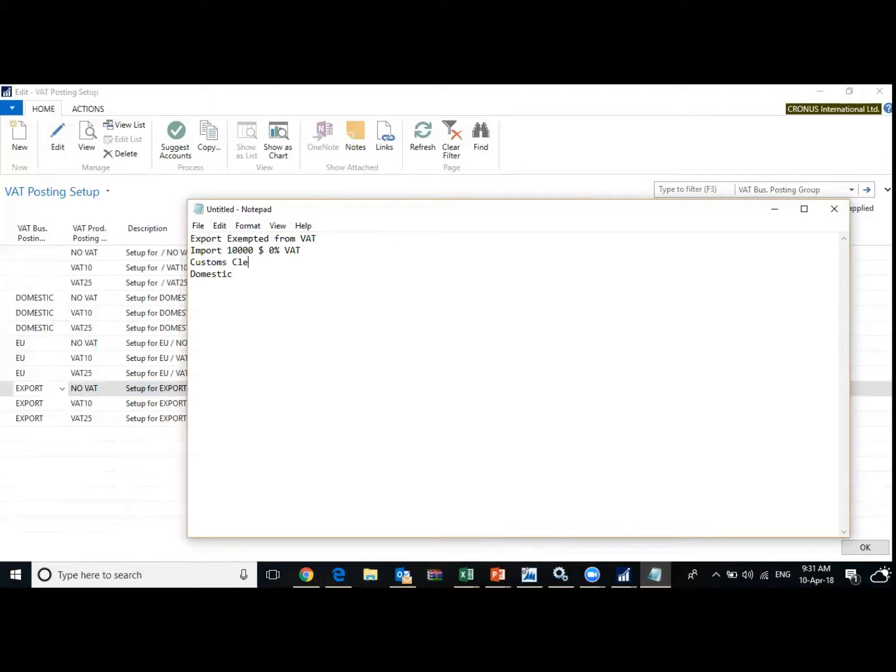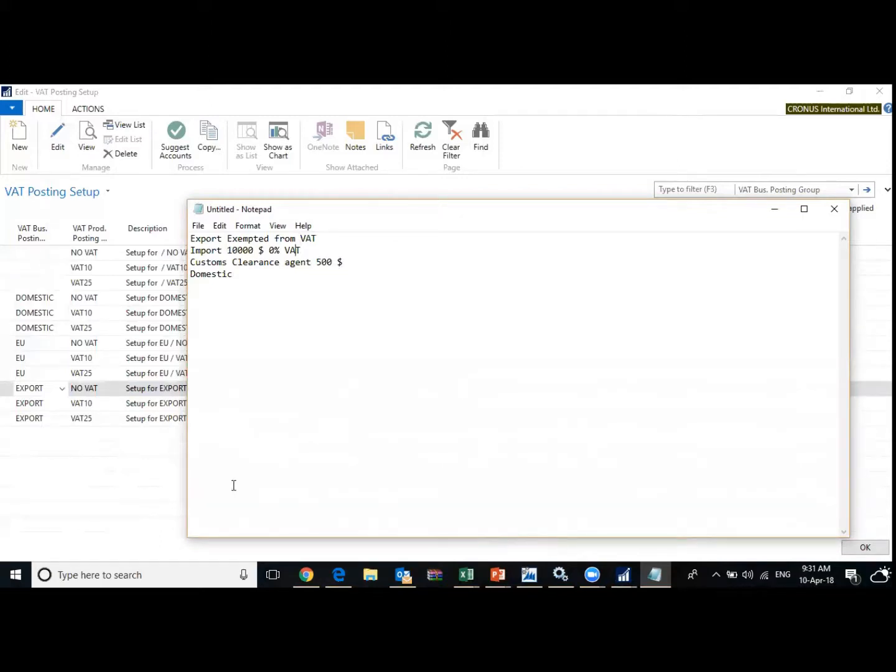There is a clearance agent, and whatever this clearance agent is going to charge you, for example, he's going to tell you that on this $10,000 consignment, I'm going to charge you, for example, $500. Okay, so this entire $500 is considered as a VAT.